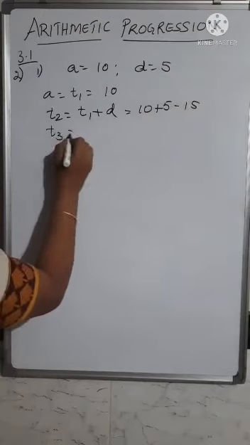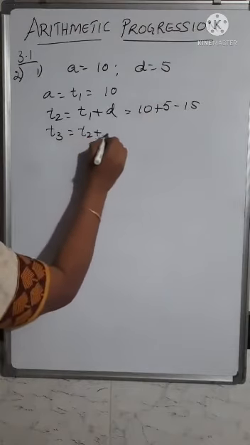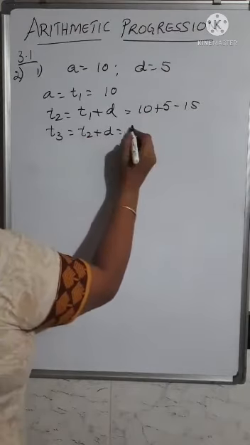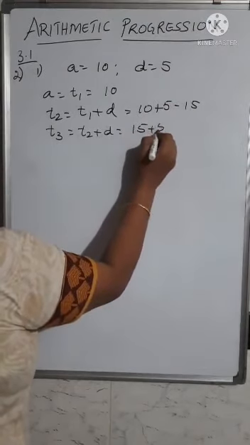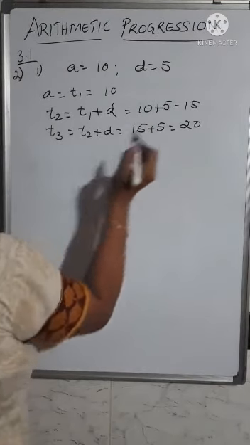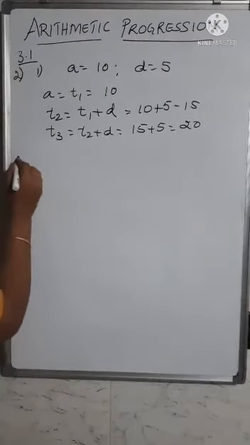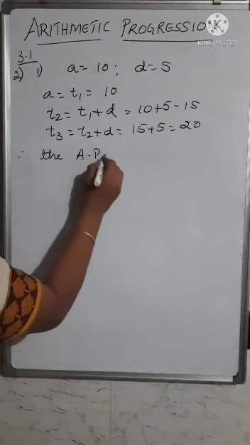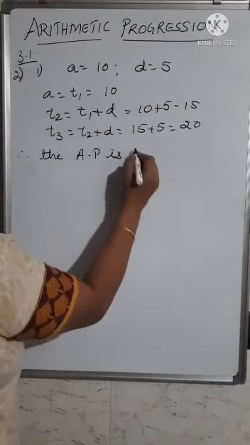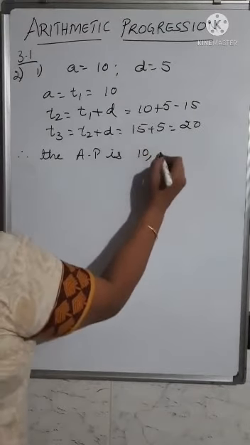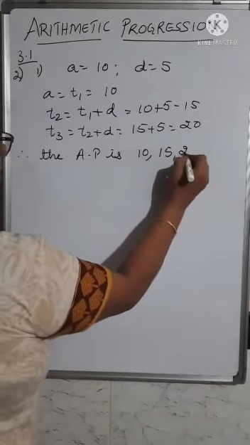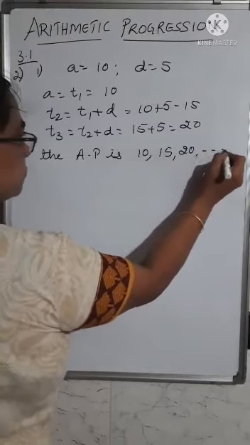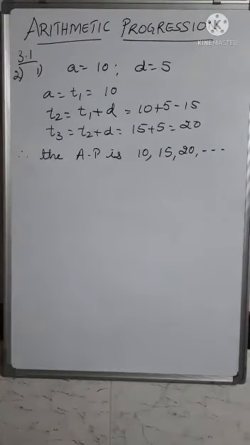Now T3 is equal to T2 plus D, so 15 plus 5, which is equal to 20. So the AP is: first term 10, second term 15, third term 20, then put 3 dots. That means the AP has a common difference D equal to 5.